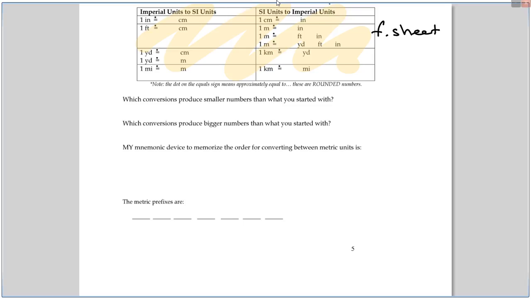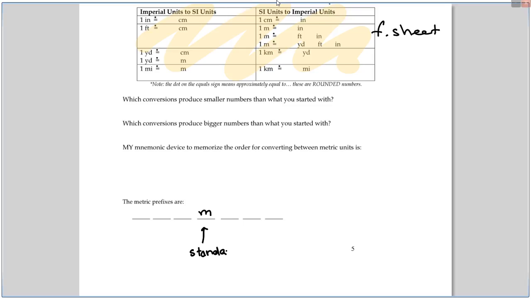Okay. On your yellow sheet, you have the units there in front of you. Don't write on your yellow sheet, but you can write this down on your notes page. What's in the middle? It's your standard unit. It is the meter.